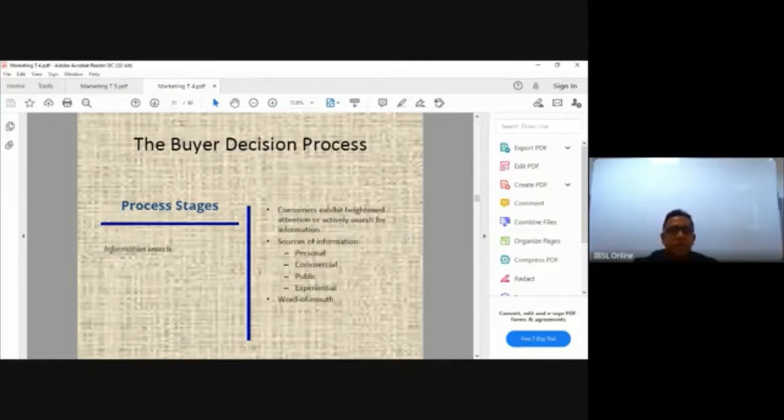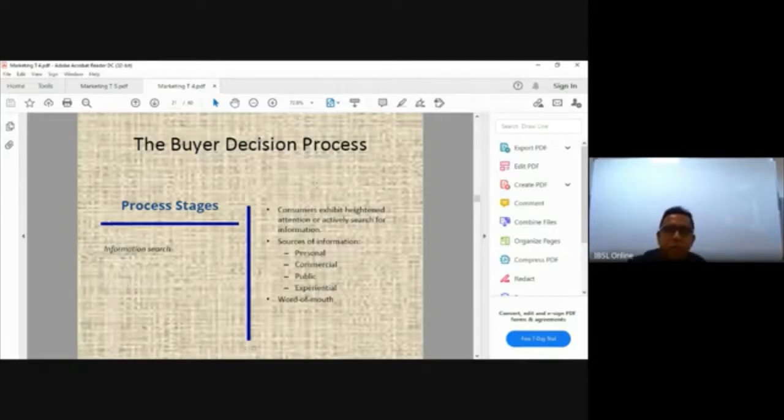Information search is about the ways you get information about products, brands and services. Consumers exhibit heightened attention or actively search for information. Sources of information: personal, your friends and relations, will be one source. Commercial sources may be the internet, newspapers, radio, television and so on.